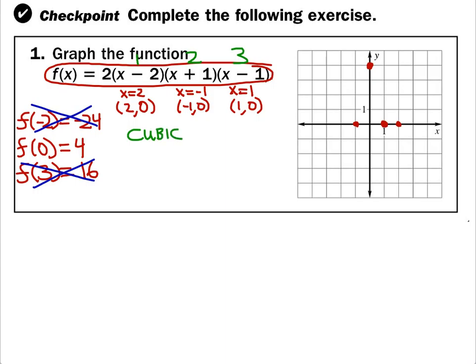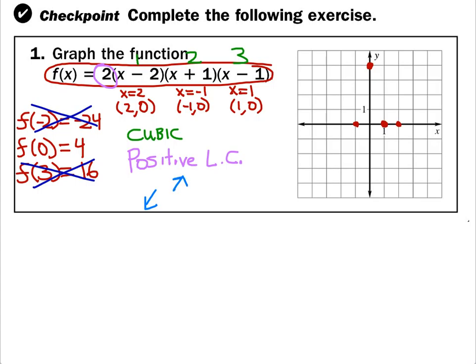And because it has a 2 in front, it has a positive leading coefficient. Because it's a cubic function with a positive leading coefficient, we know the arrows are going to go like that.